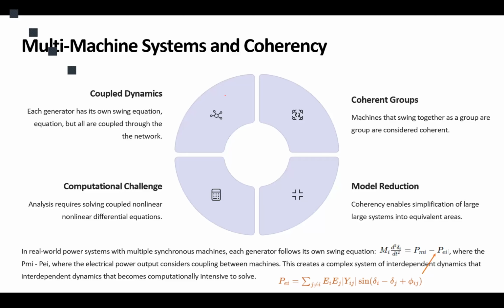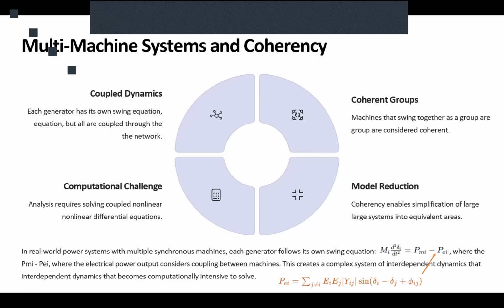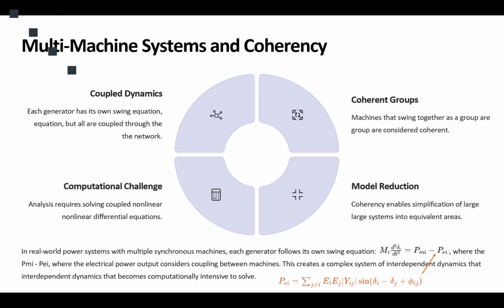Anyone can guess why we are only focusing on generators in transient analysis? The transient analysis is to understand if the system is stable when it responds to a short time disturbance. Now, in the power system, we have generation and load. Why do we only have to focus on generation?